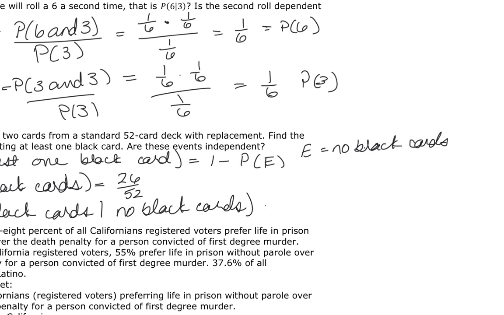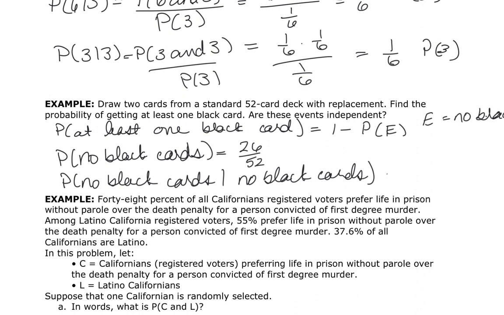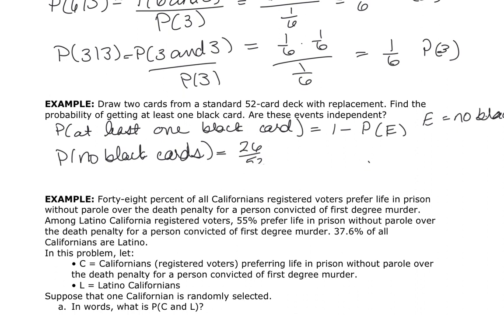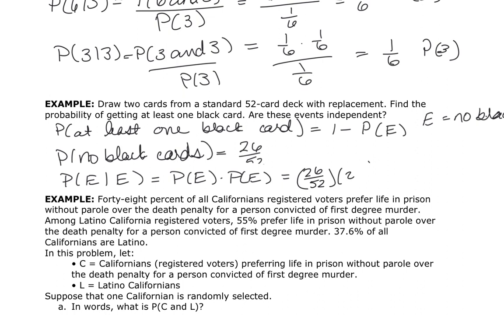Because this is independent, the probability of E happening given that E has already happened is going to be the probability of E multiplied by the probability of E, from up above. And so this is just going to be 26 out of 52 multiplied by 26 out of 52.